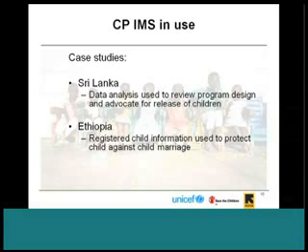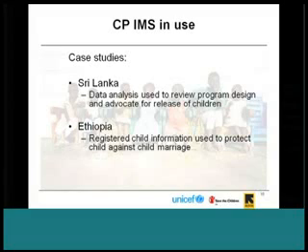In Ethiopia, the CPIMS is used for case management of vulnerable children in a camp setting. One of the case studies we have is of a girl who was registered on the database and supported for a few years, and then her case was closed.